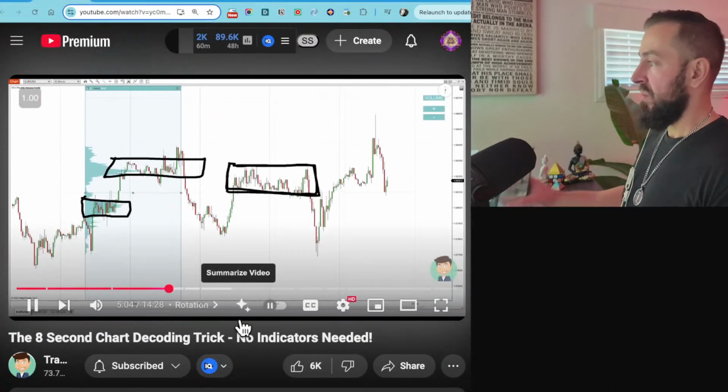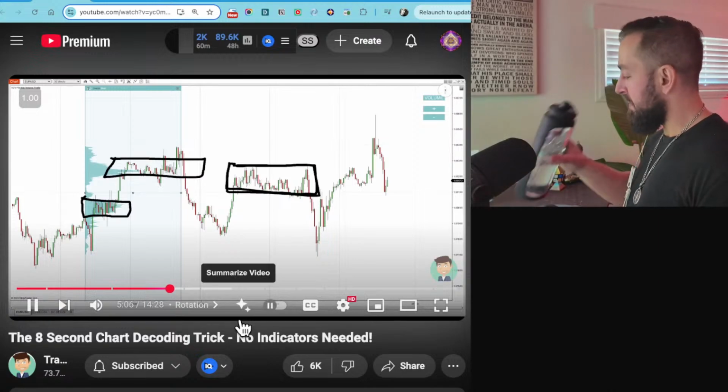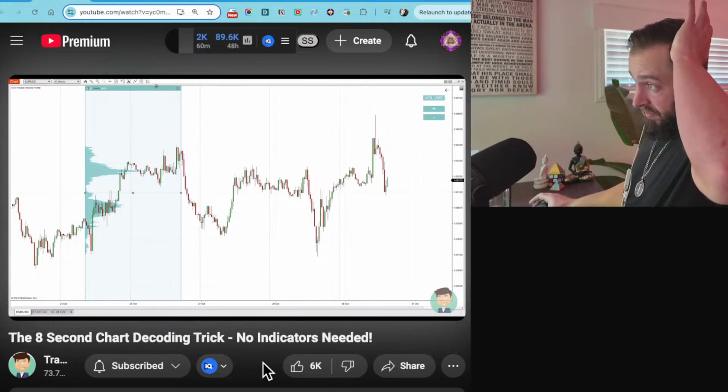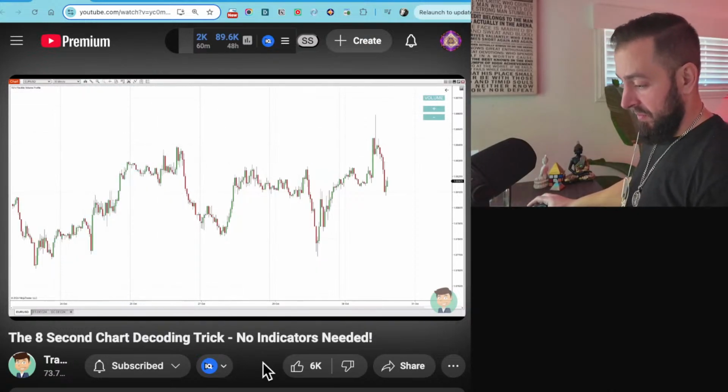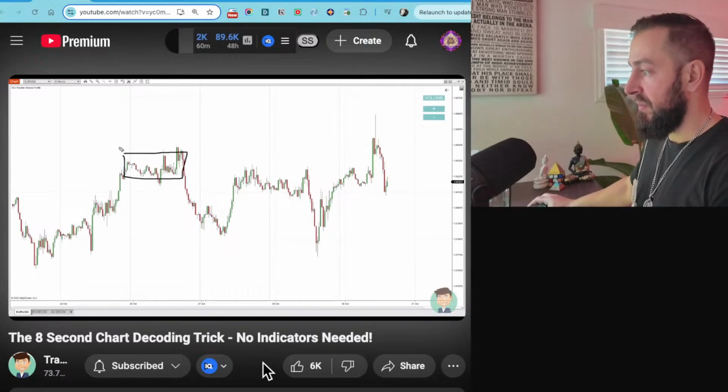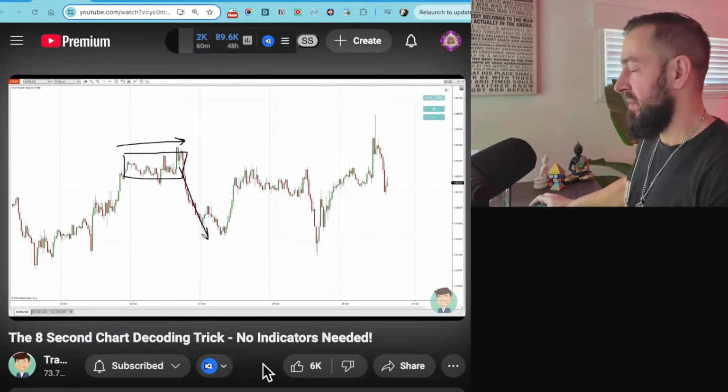Another important thing here is that the longer the rotation, then usually the stronger and longer the trend that comes after the rotation. So keep that in mind, because this is also a pretty important piece of information.